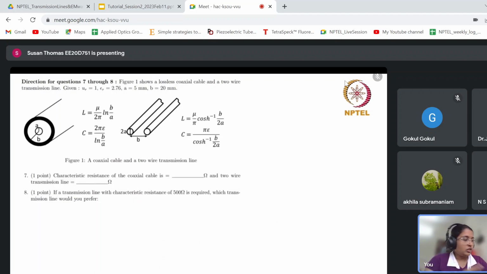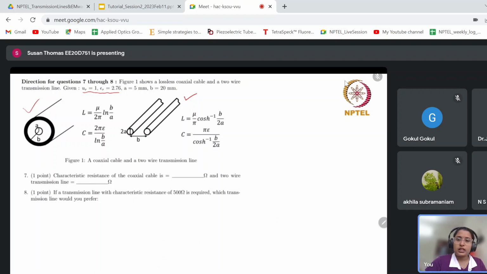So let us start with the first question which you are seeing on the screen. This question is on two types of transmission line. As you can see, this one is a coaxial transmission line and this one is a two-wire transmission line. This is very familiar to all of you. There are some parameters given to us. Let's read that. Figure 1 shows a lossless coaxial cable and a two-wire transmission line, given mu r and epsilon r.